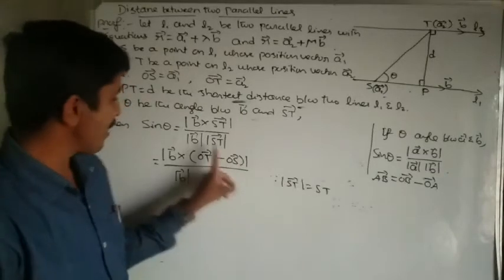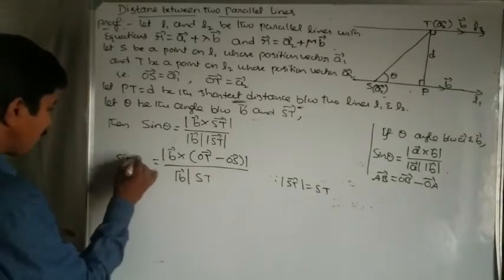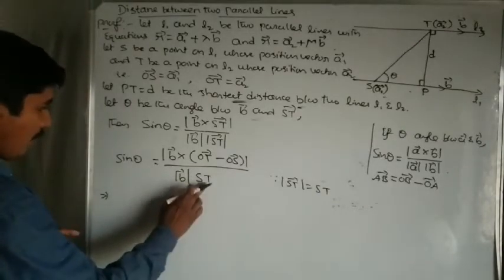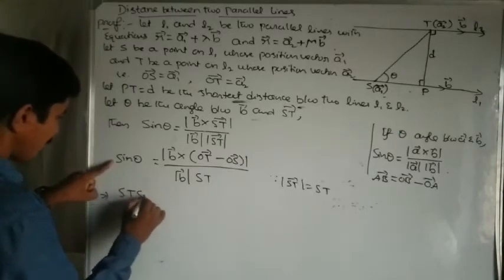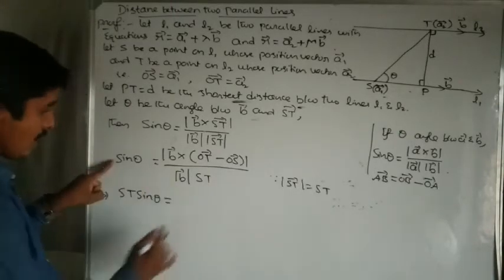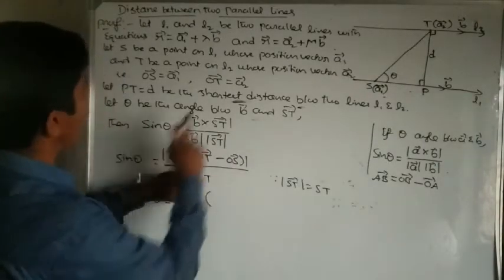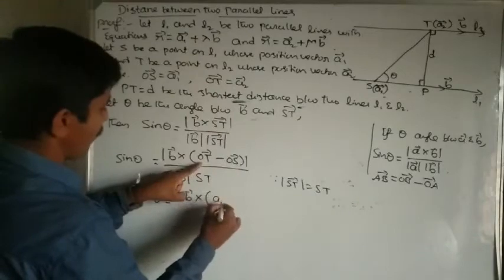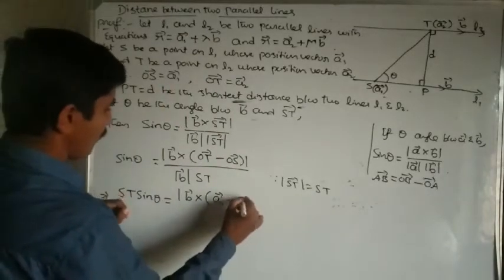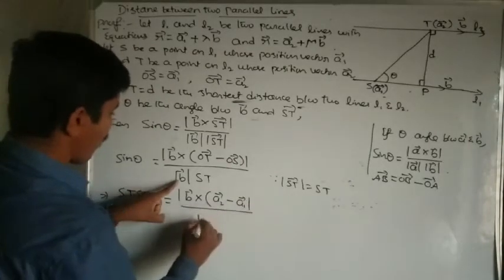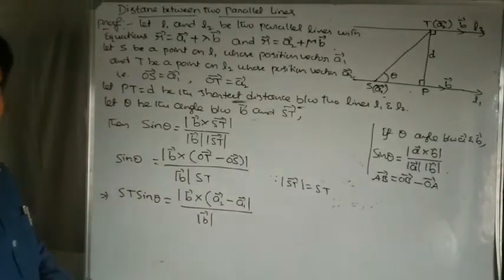This can be written as ST. By taking cross multiplication, ST this side, ST into sin theta, which is equal to magnitude of vector B cross vector OT, here vector OT is vector A2, minus vector OS, vector A1, divided by magnitude of vector B. It is taken as ST into sin theta.